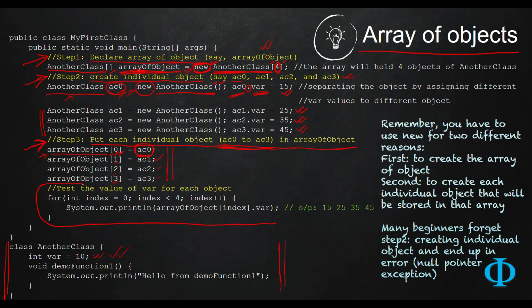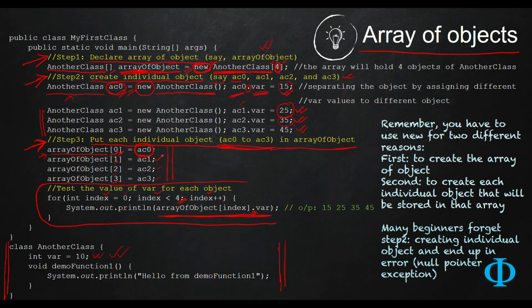Here I just used a for loop which iterates over the index of the array, where the size of the array is 4, from 0 to 4, and every time it prints the value of the variable using this dot operator. Remember, for each object we changed the value of the variable: 15, 25, 35, 45, like this.